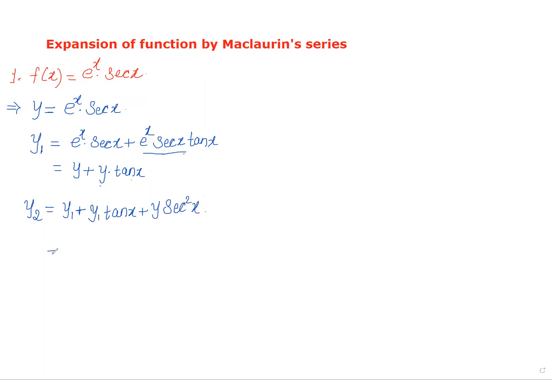Then again we simplify this. It will be y1 plus y1 tan x plus y into sec square x, which can be put as 1 plus tan square x.